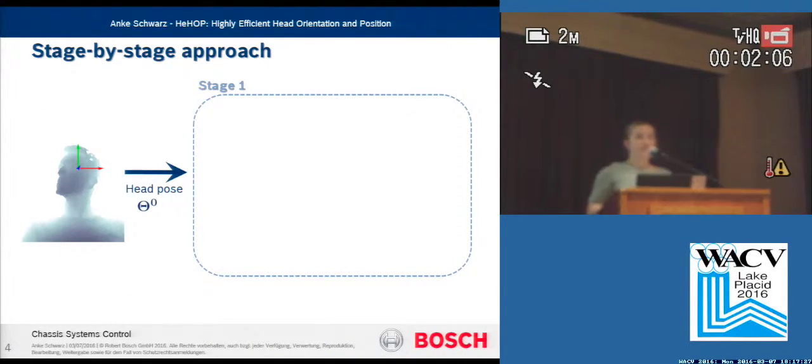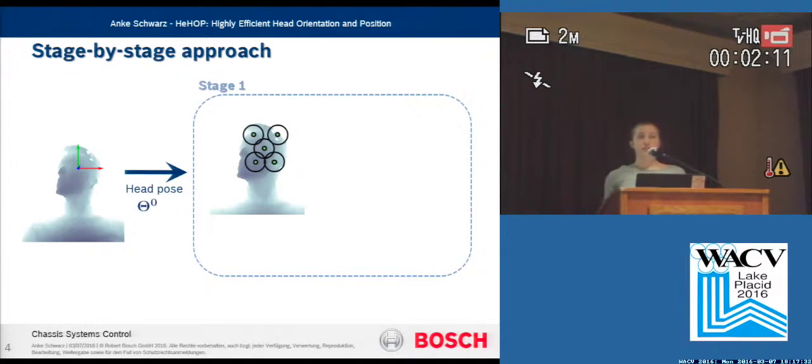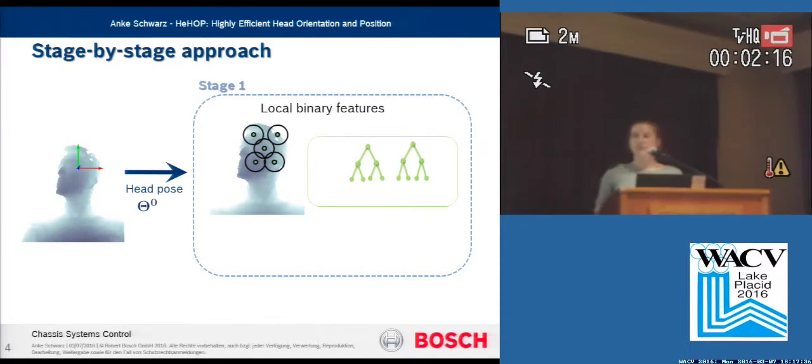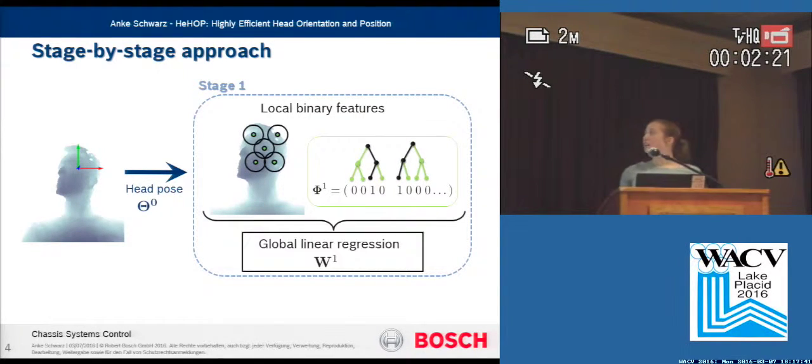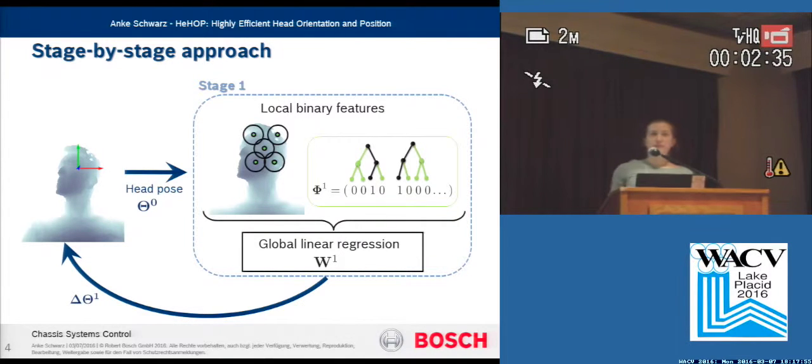Using the previous head orientation and position, we project local areas towards the face region, and using a random forest we obtain local binary features, and then using these local binary features we perform a global linear regression. The output of the global linear regression is the amount of head orientation and position change. With this amount we update the previous head orientation and position and then repeat this several times.